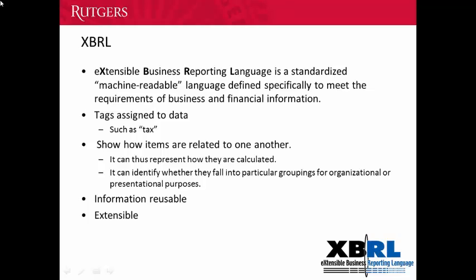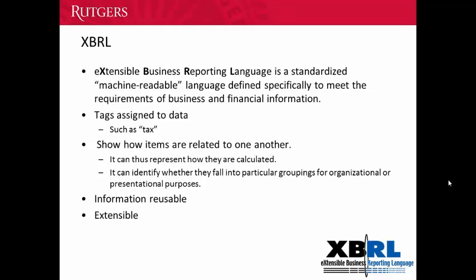Okay, just in case some of you might not understand what XBRL is, here I provide some basic information. The full name of XBRL is Extensible Business Reporting Language. It's a standardized machine-readable language defined specifically to meet the requirements of business and financial information.